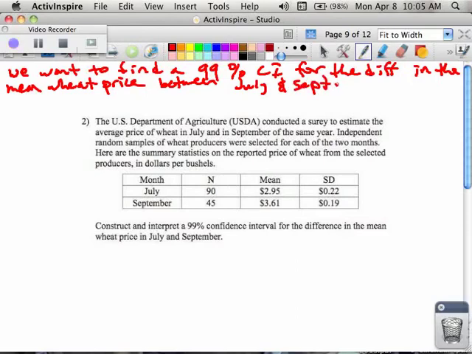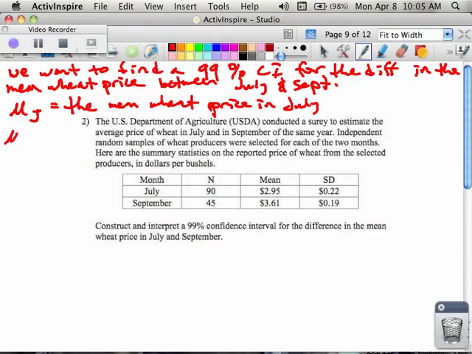And then we can define those variables. So I guess I would say mu j is the mean wheat price in July, and mu s is the mean wheat price in September.